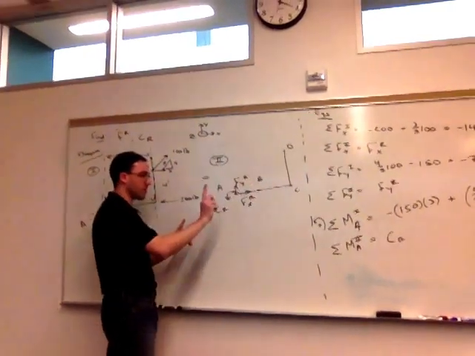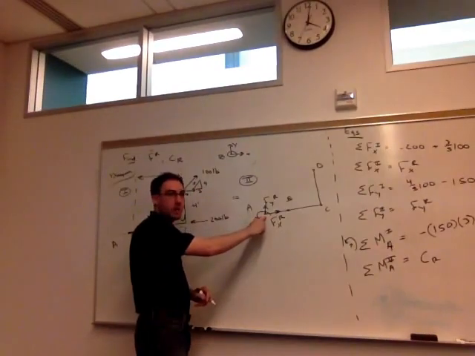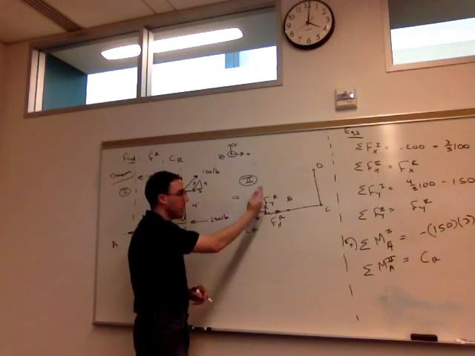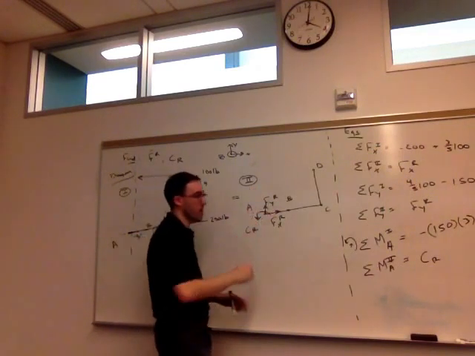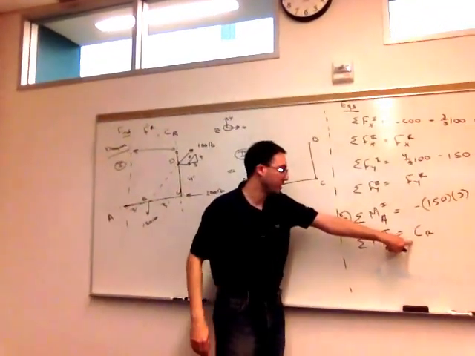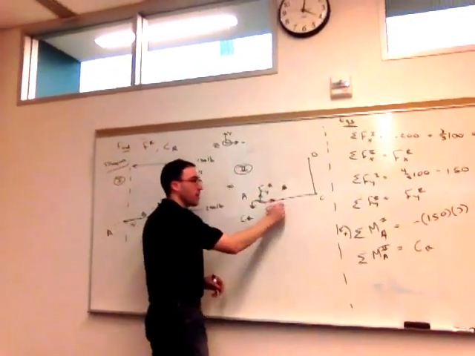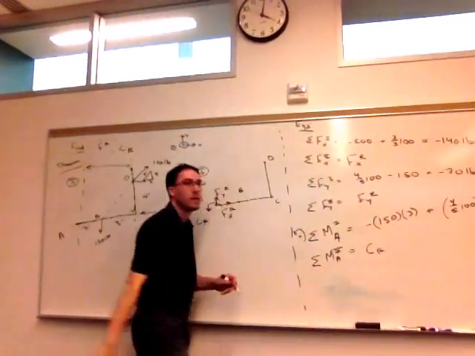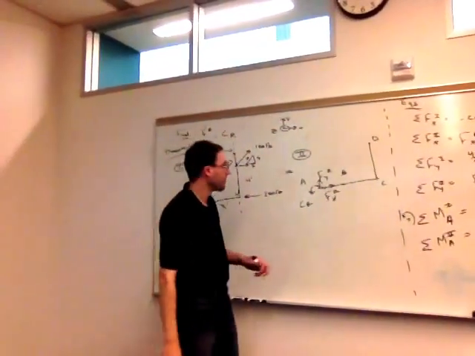So first of all, CR I drew at A, but I still include it. FX, FY act at A, but their perpendicular distance is 0, so that's why they don't appear in this equation. CR could be here, or here, or here, or here, or anywhere else, and we would still write CR when I sum moments around A.